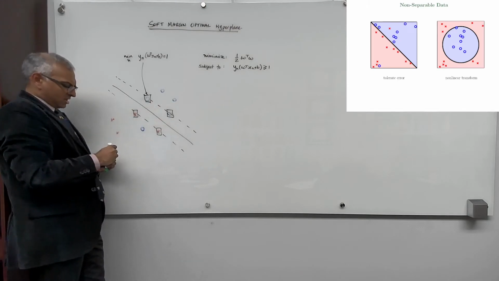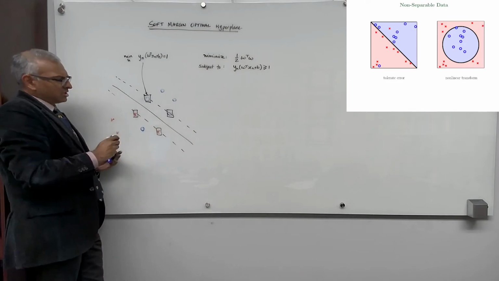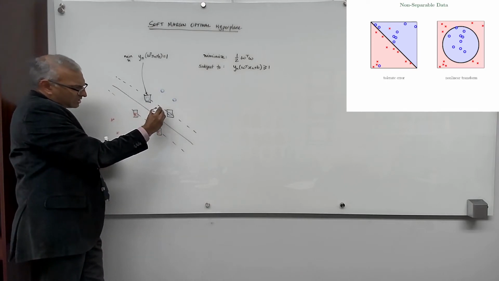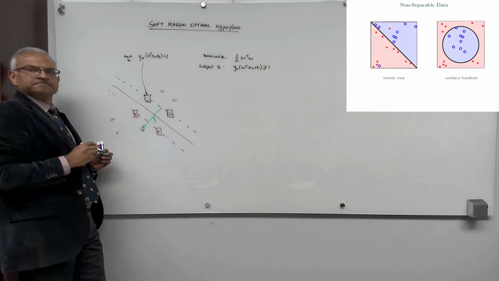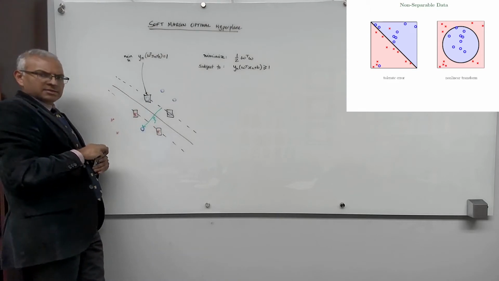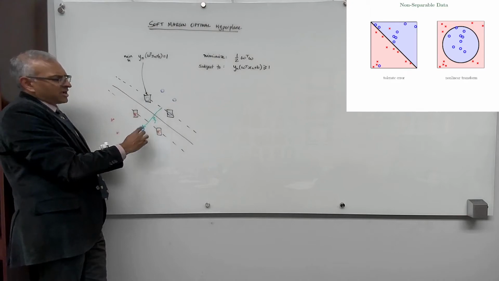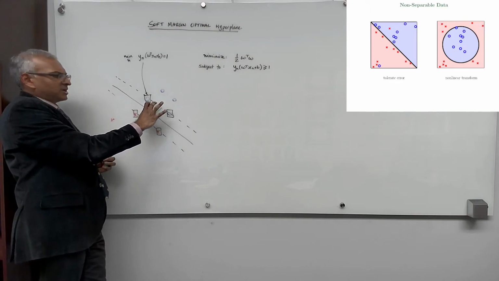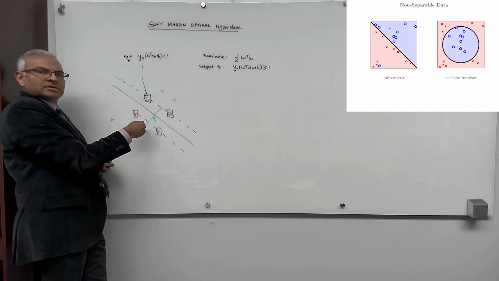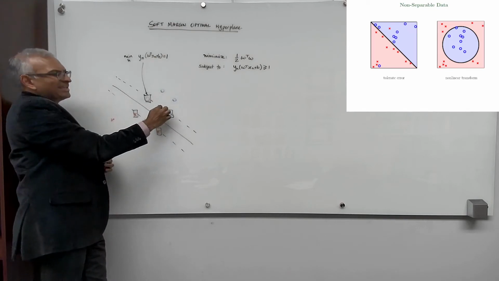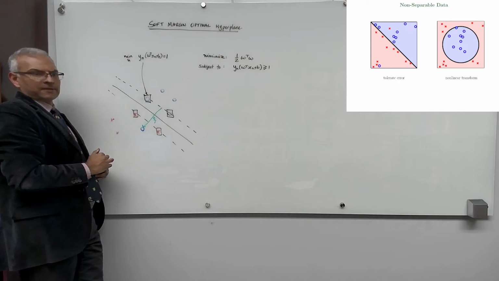It's going to be 1, and let me put it in green, 1 minus an amount by which it has penetrated the cushion. Let me call this C. This penetration indicates that this fat separator is not separating this data point. It has had to penetrate the cushion, so this quantity will be strictly less than 1.